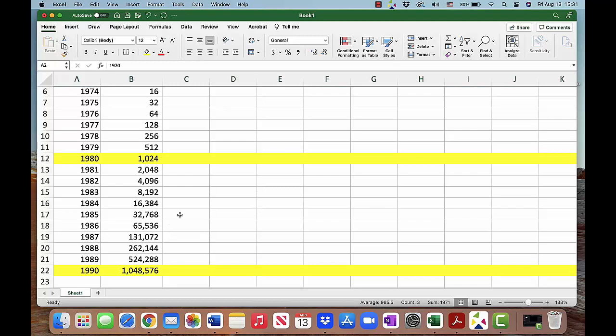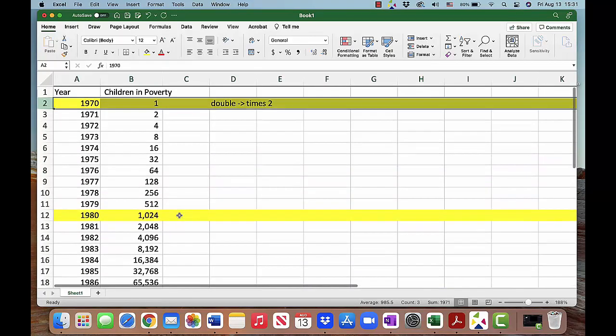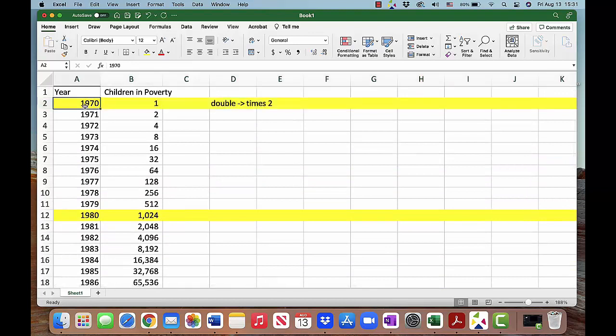So my question to you, is there a way we can jump right from 1970 to 1980 without actually doing the calculations in between? Meaning, instead of double, double, double, double, double, can we do it some other way? Think about this.